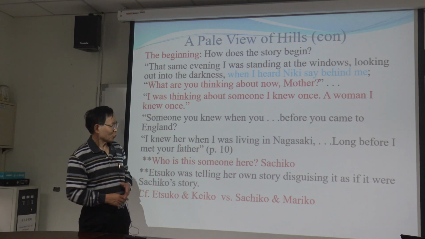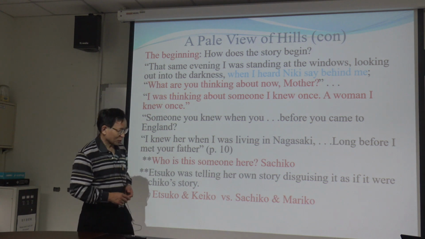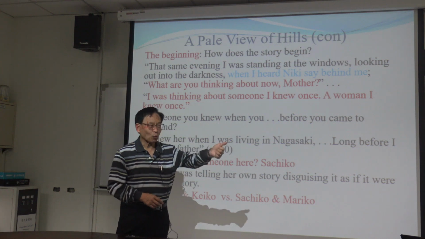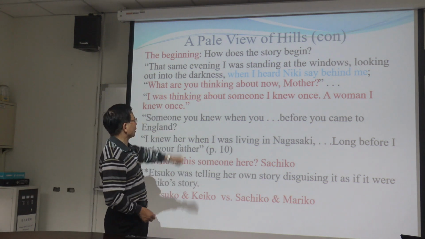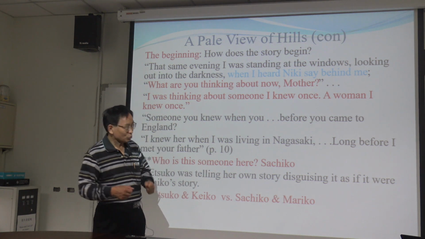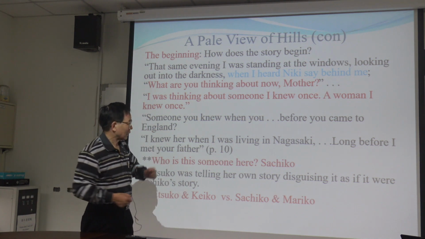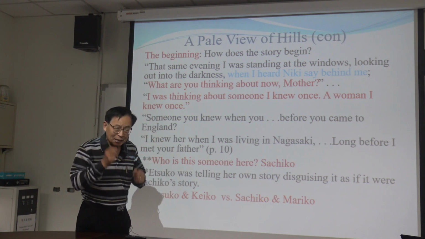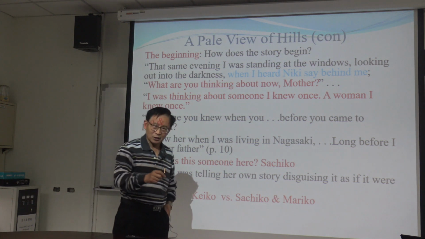Of course, in Charles Dickens, it's a story between two cities, between London on the one hand and Paris on the other hand. But here you could also argue A Pale View of Hills is a tale of two cities, and the two cities are London and Nagasaki. But Nagasaki actually is historically significant.